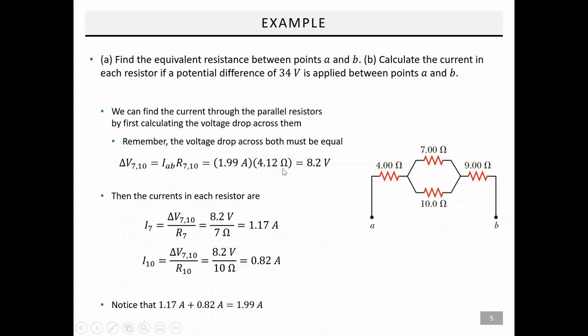We find that the potential drop across the R710 resistor is 8.2 volts. This is also going to be the potential drop across the 7 and the 10 ohm resistors.